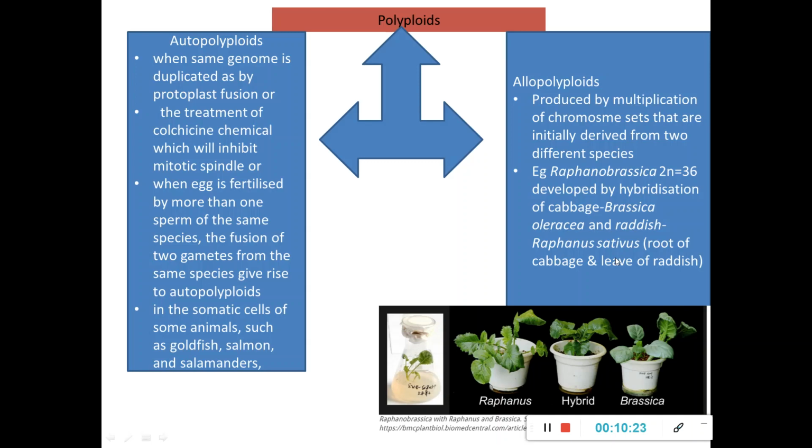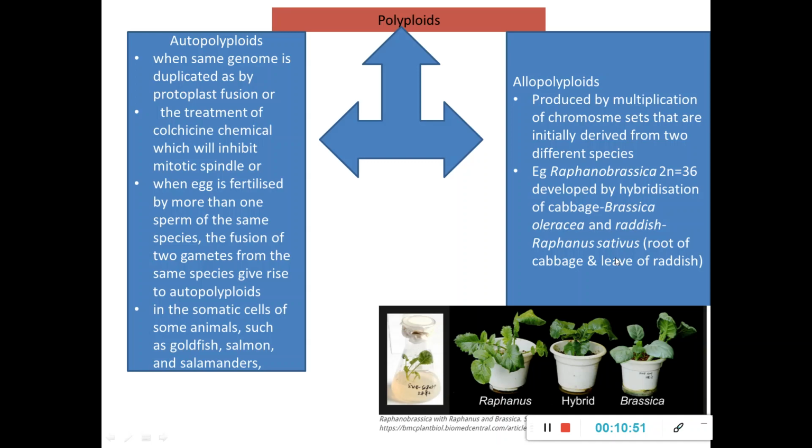Now, in the case of Raphanobrassica, this was a yellow polyploid which was being developed, and it is mainly done by the hybridization of two different varieties. One is radish, that is Raphanus, and we have cabbage, that is Brassica. These two join together and they both have a diploid number of about 18.